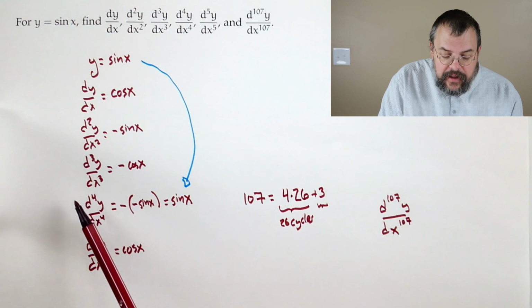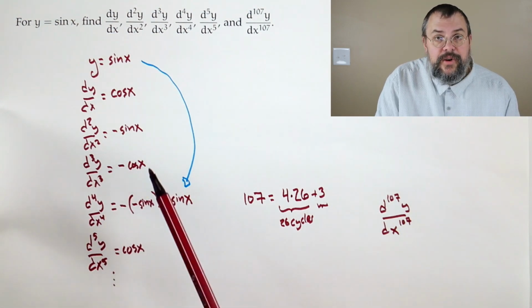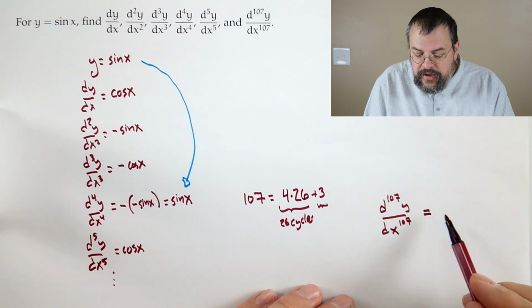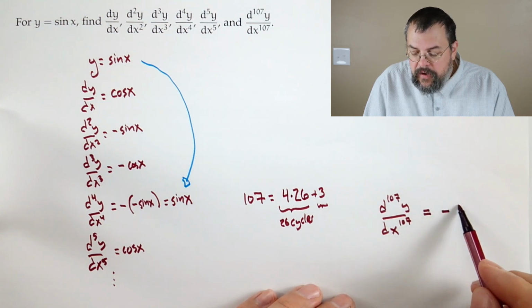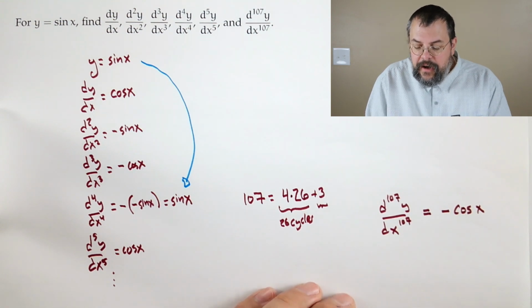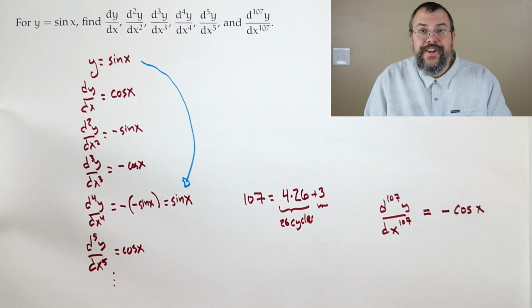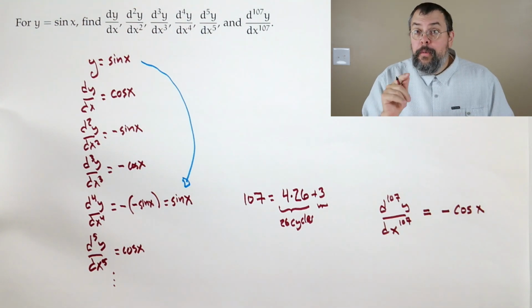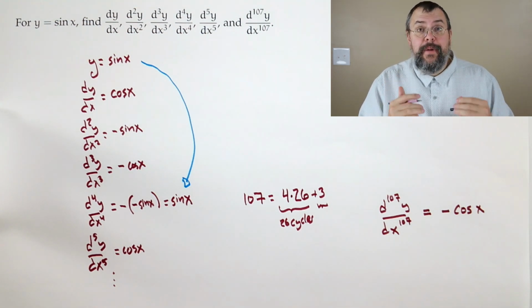So it's the same as if I had taken the third derivative. And therefore, the 107th derivative is negative cosine x. And there you go. All right, good. See, we didn't have to take a lot of derivatives. What we had to do was find a pattern.